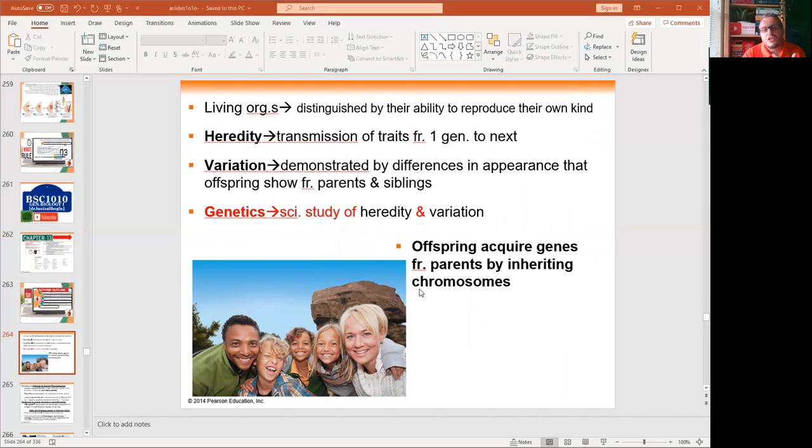Heredity is the transmission of traits from one generation to the next generation. Variation is the difference in appearance that offspring show from parents as well as siblings. Together, heredity plus variation becomes genetics.